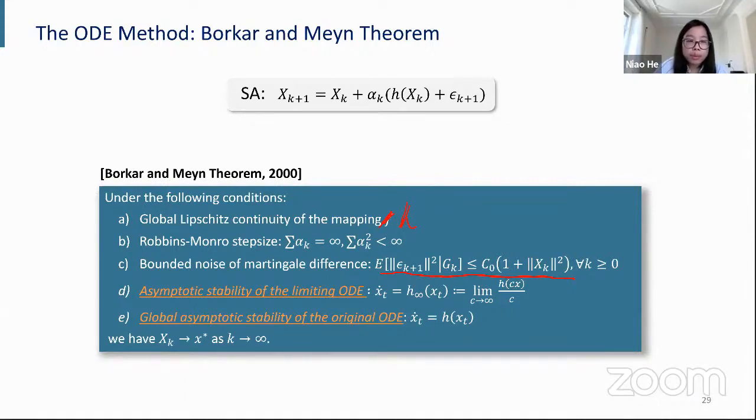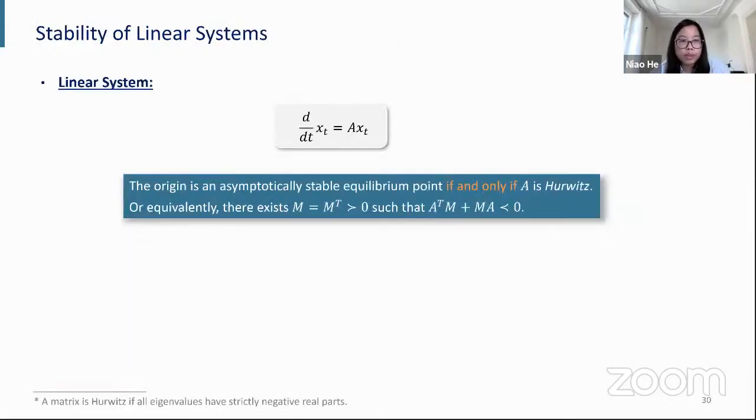I'm going to give you some examples of where you can easily establish asymptotic stability, and hence get convergence of reinforcement learning algorithms. The first example is for linear systems. We know that for linear systems, there exists a unique stable equilibrium point if and only if the matrix A is Hurwitz.